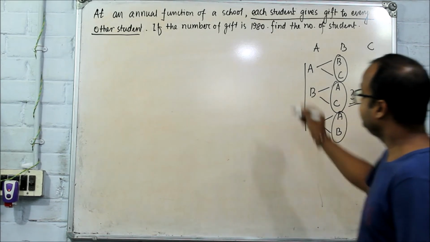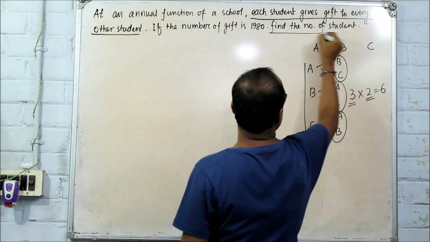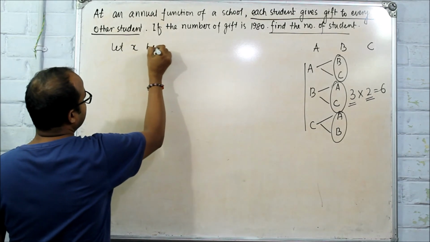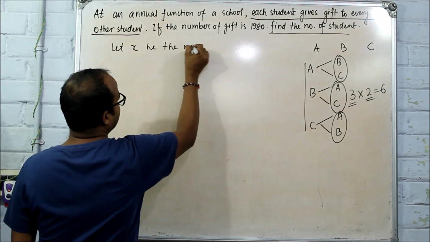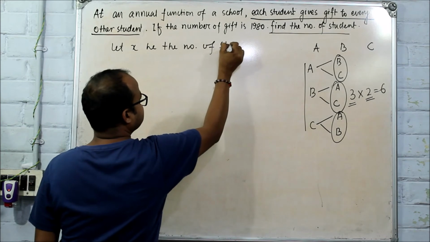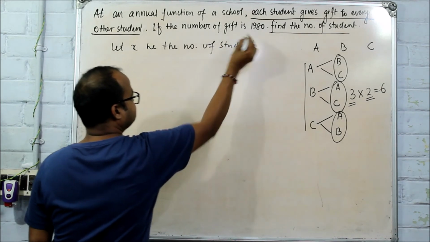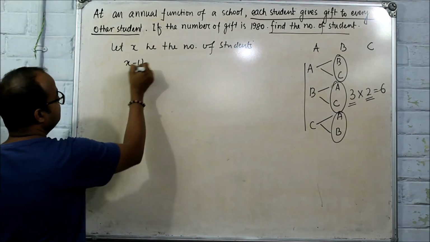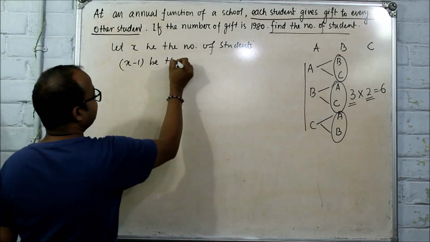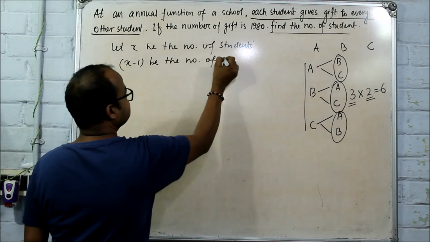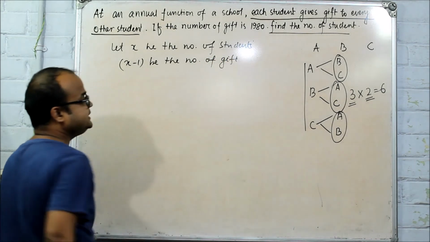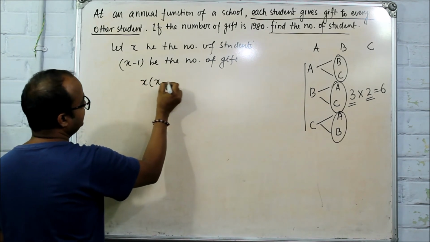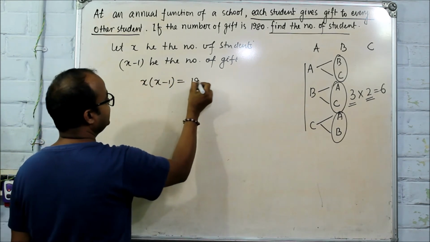So if you consider this, we have to find out the number of students. Let x be the number of students, and x minus 1 be the number of gifts each student brought. So the total number of gifts is x into (x minus 1) is equal to 1980.